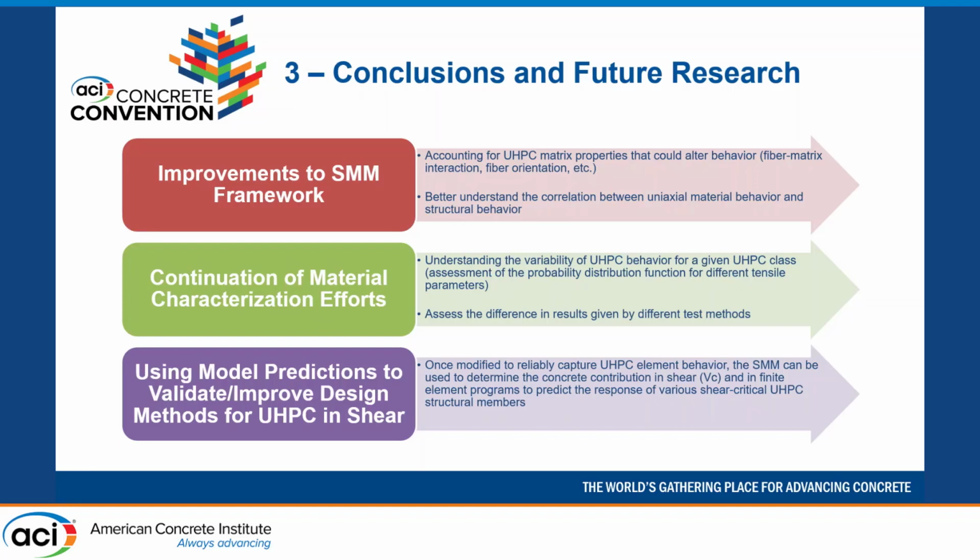Further work needs to be done to assess the probability distribution of the different parameters, like the tensile cracking stress and strain and the localization stress and strain, to see what variability we have and what kind of distribution they follow. Maybe they don't follow a normal distribution. That was just an assumption that we made. And then assess the difference in the results given by different test methods for tension.